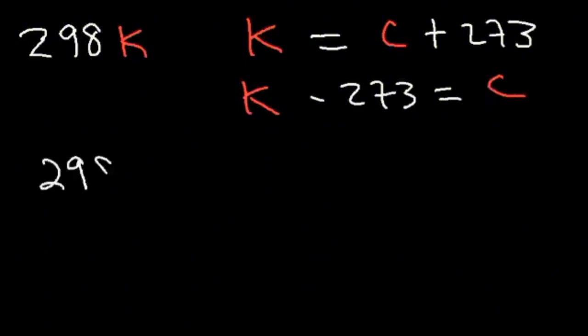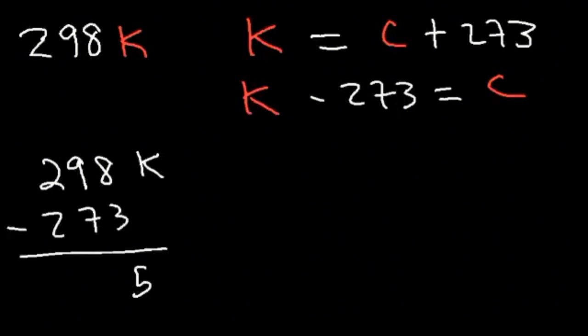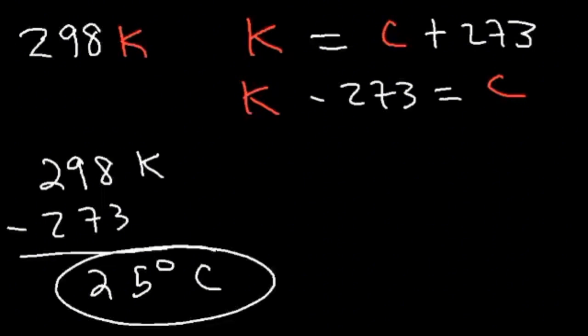So all we got to do is subtract 273 from 298. Well, let's write it this way. 8 minus 3 is 5. 9 minus 7, that's 2. 2 minus 2 is 0, so this is 25 degrees Celsius. That's equal to 298 Kelvin.